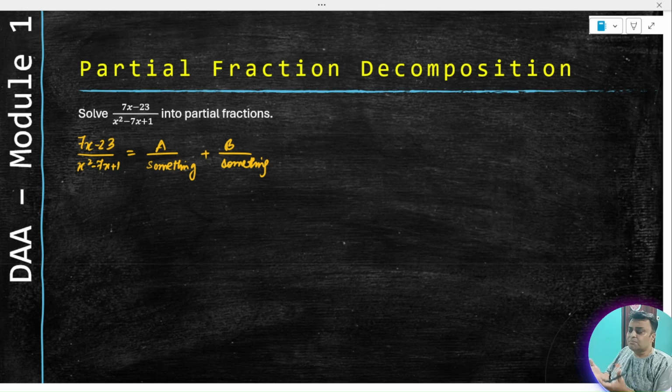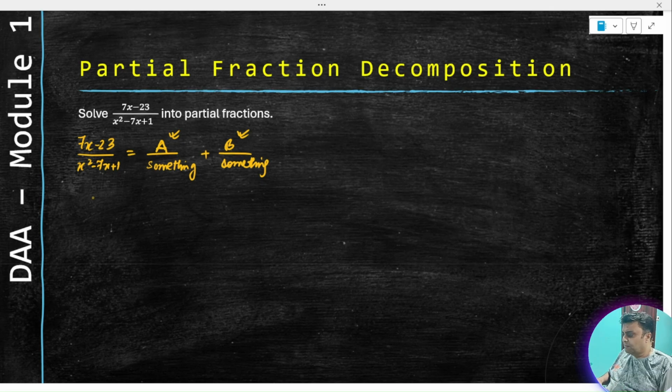Can I convert my left hand side into something which has a in the numerator and something in the denominator, and then b in the numerator and something in the denominator, and we say that these are the additions of these two partial fractions, right? This is a partial fraction, and that is also a partial fraction. Both together make it. So that's what we are trying to attempt to solve.